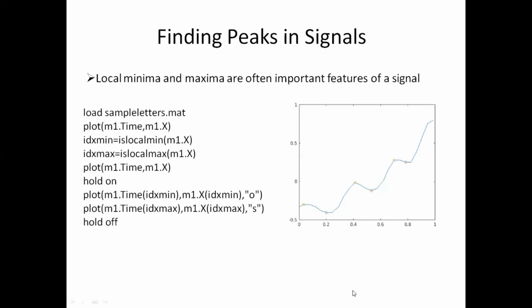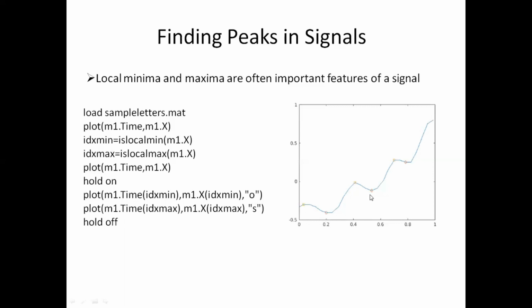Because these two functions return the indices of the minimum and maximum points in the data, I am going to use those as indices in the m1.time variable and m1.x variable. So I will plot m1.time with idxmin as index, similarly m1.x with idxmin as index, and these points I am representing by circles.